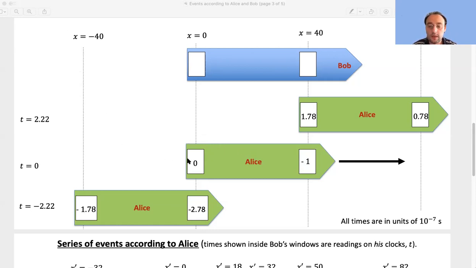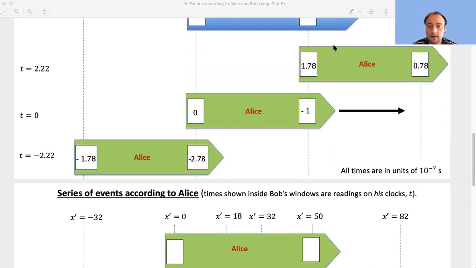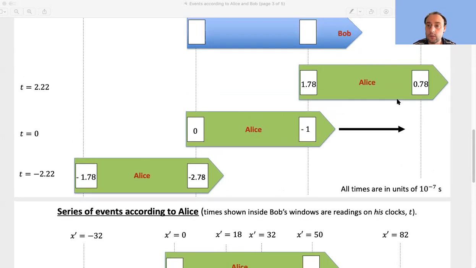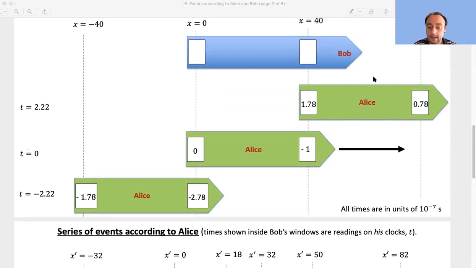So for example, between Bob's t equals 0 and t equals 2.22, either her back clock advances by 1.78 or her front clock advances by 1.78. So if he instead tracked her front clock, again with the help of his assistant, that he would plant here, he would again conclude that while his clocks tick off 2.22, hers tick off 1.78.